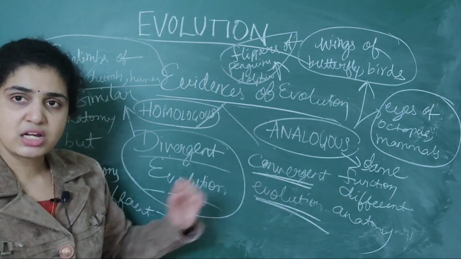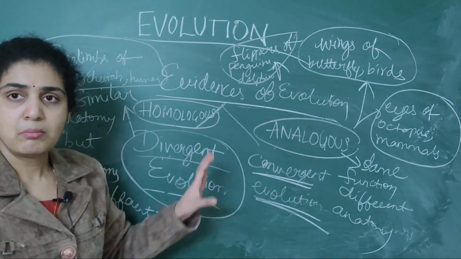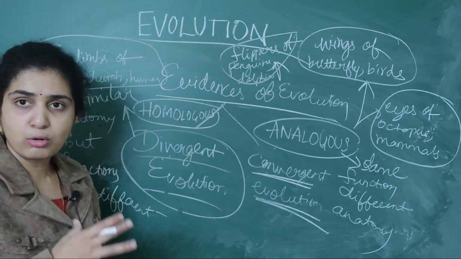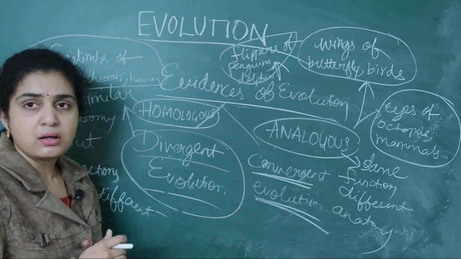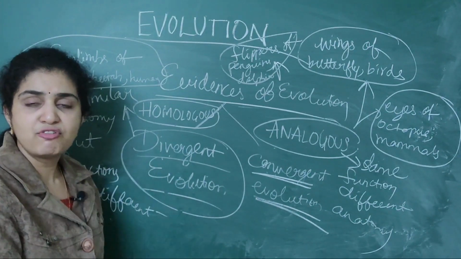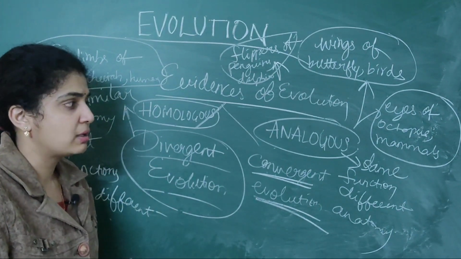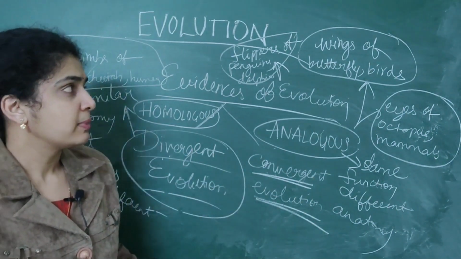When you come to convergent evolution, remember only one word, that is analogous. Analogous means what? Homologous means same anatomy. Analogous means same function. That's all you should remember. So analogous, same function but different anatomy.